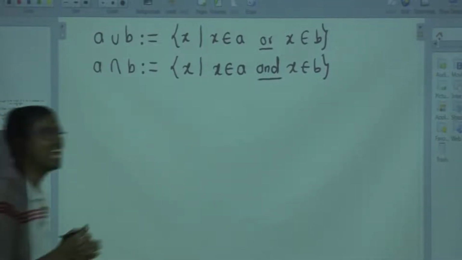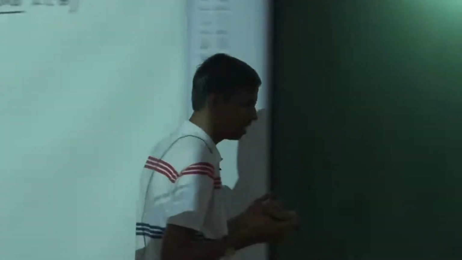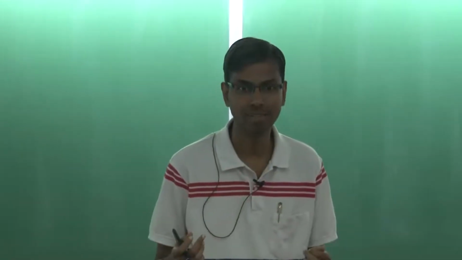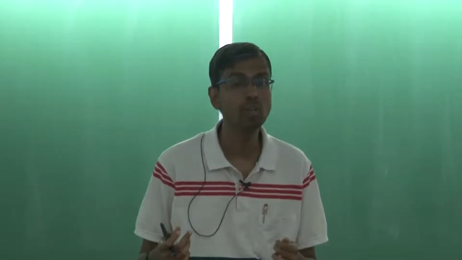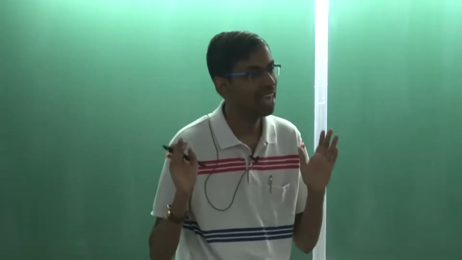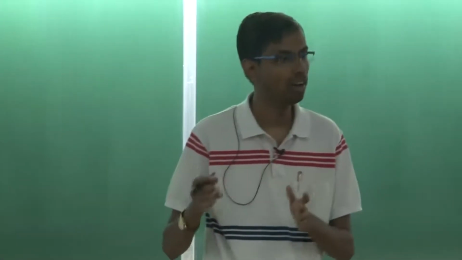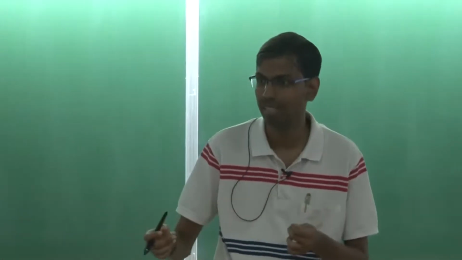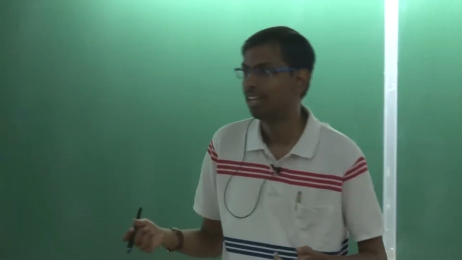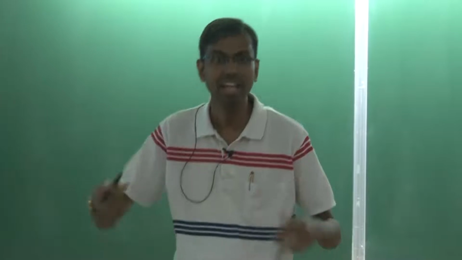The words or and and are part of our human understanding, which in logic is called semantics. All of us have exactly the same understanding of the words and, or, if then, if and only if, right? There is no distinction between our understanding. So that's why when we write this, we think that we know these things, correct?